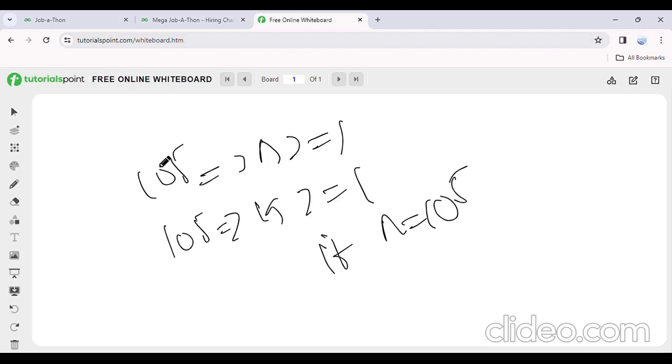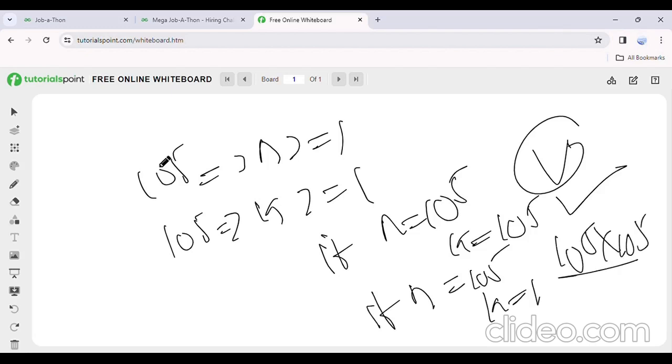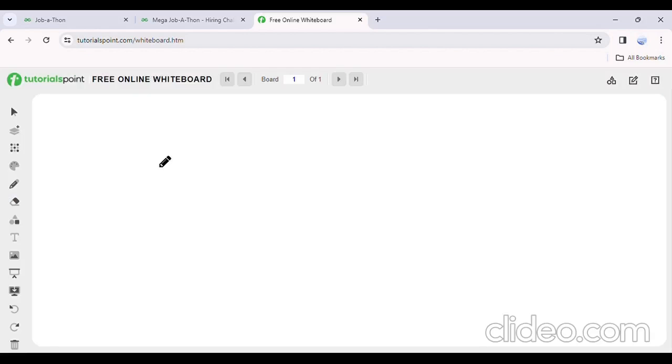If n is equal to 10 power 5 and k is equal to 1, then we have to traverse 10 power 5 into 10 power 5, so 10 power 10. Total number of operations is 10 power 10, which exceeds 10 power 8, so it shows TLE. We have to reduce that.